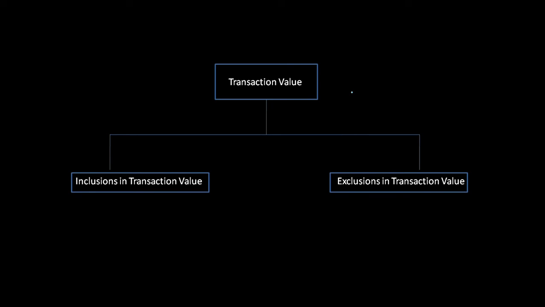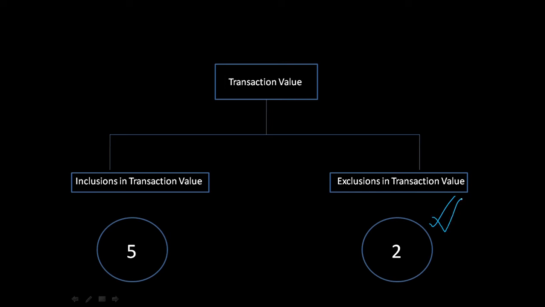Under inclusion we have 5 different topics that we can discuss, and under exclusion we have 2 different points that we need to consider. So let us start with the first one, inclusions in transaction value. What are those 5 different points? Let us look at those one by one.